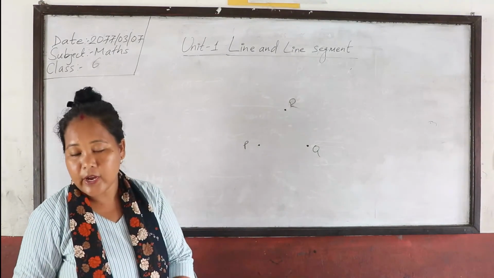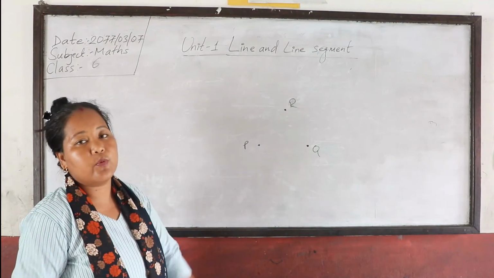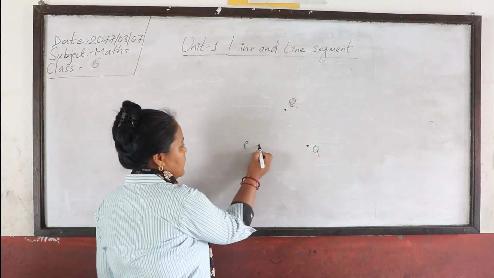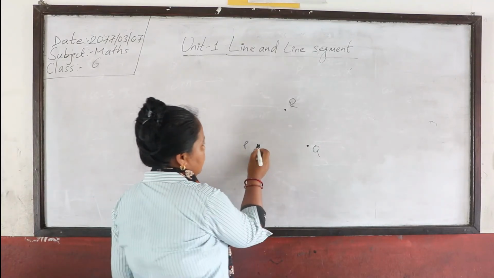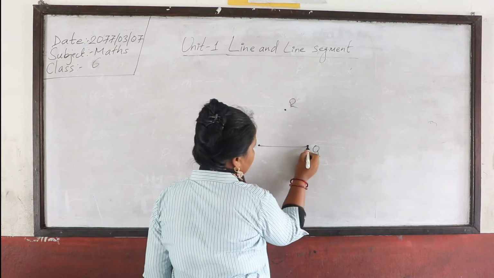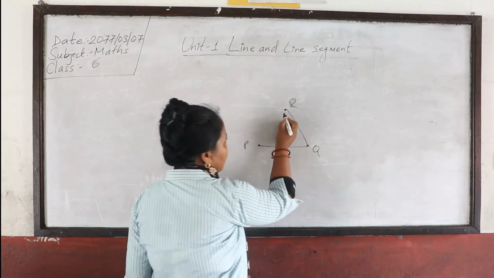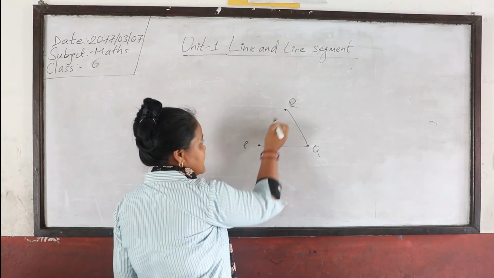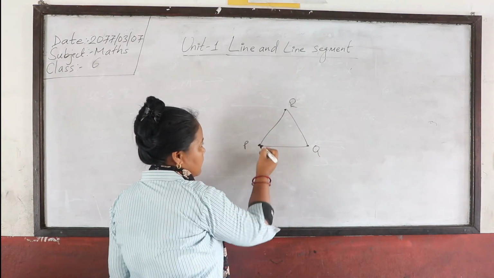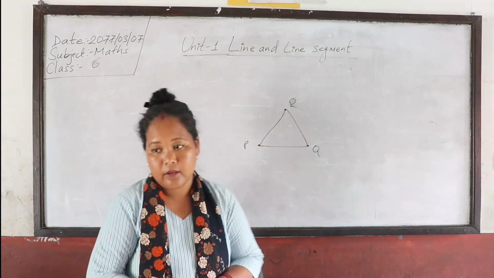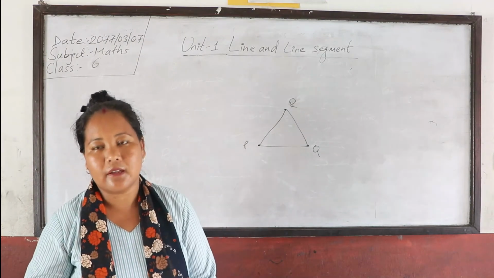First P to Q, then Q to R and R back to the starting point P. Like this, and you get the triangle figure.